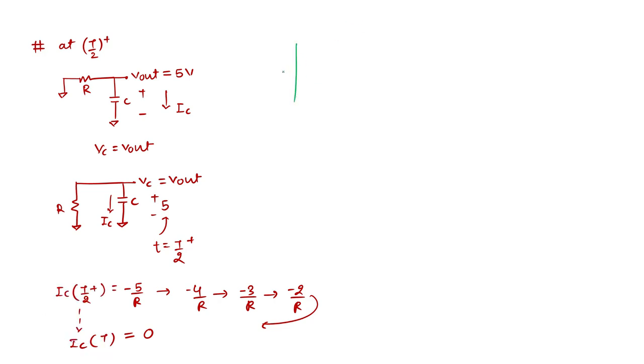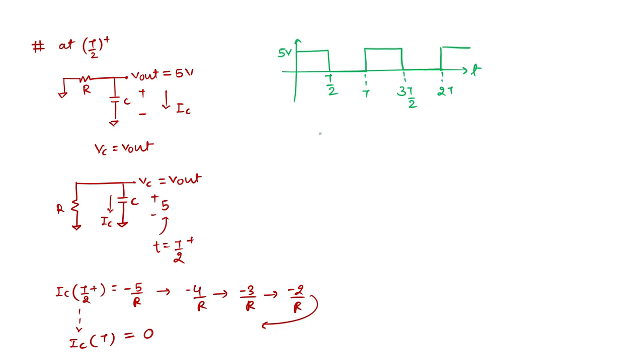Let me draw my input first. This is my input, 5 volt, then it is T by 2, then this is T by 2 to T. This is T, this is 3T by 2, this is 2T.